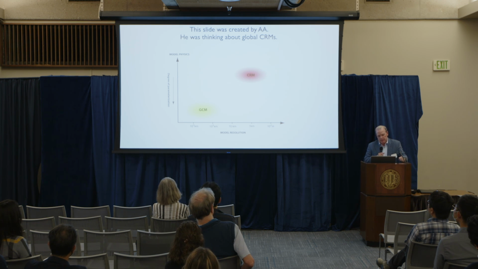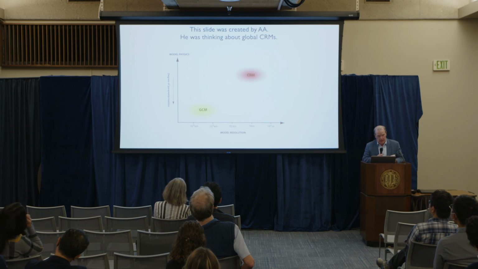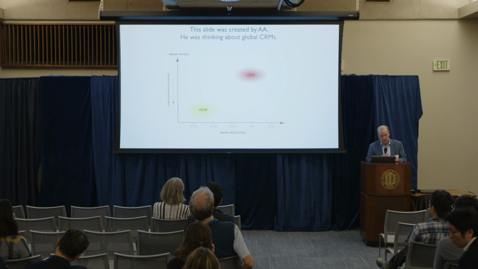This slide was created by Akio when he was thinking about global CRMs. He's very aware that computers are getting faster and people are interested in actually replacing convection parameterizations in models with direct simulation of the convection on sufficiently fine grids.